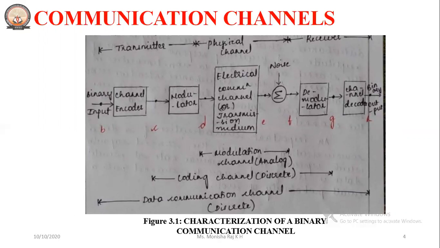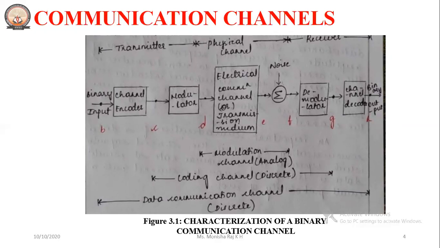The block diagram that you see in the slide shows the characterization of a binary communication channel. The portion between C and G in the slide is a discrete channel, often referred to as a coding channel, that accepts a sequence of symbols at its input and produces a sequence of symbols at its output.